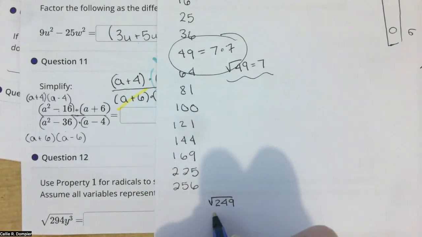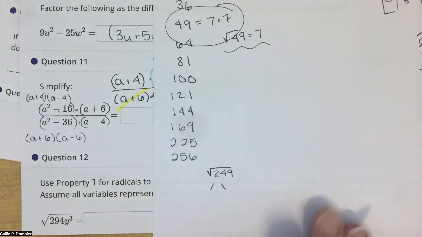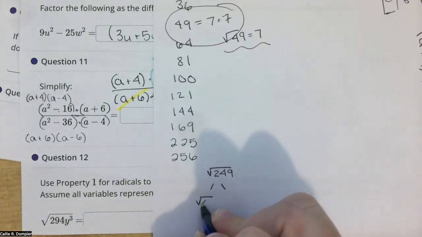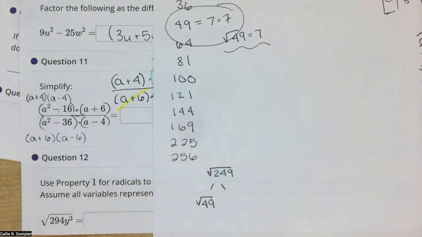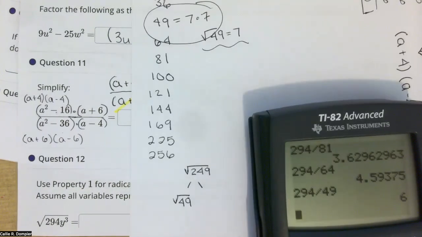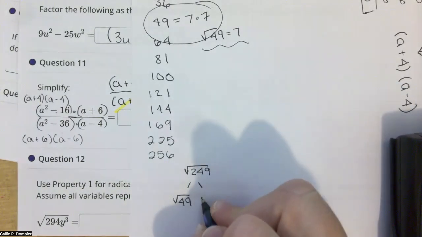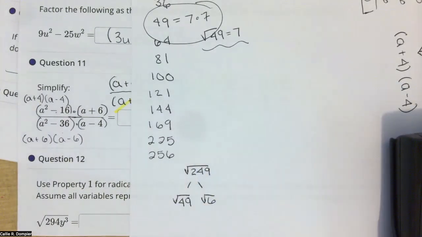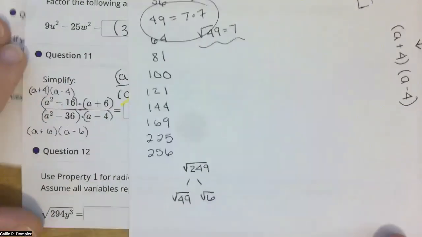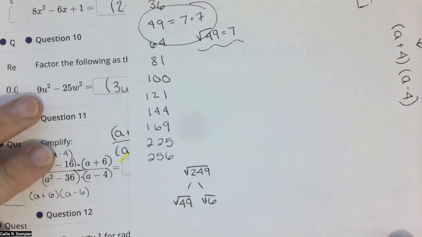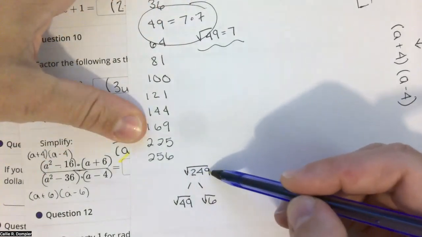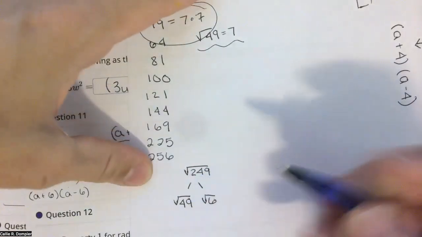And then you're going to split 294 into the square root of 49 and the square root of 6. Okay, and we're ignoring the y to the third. Sorry, I kind of just started where I started without explanation. So 294 is the same as 49 times 6.